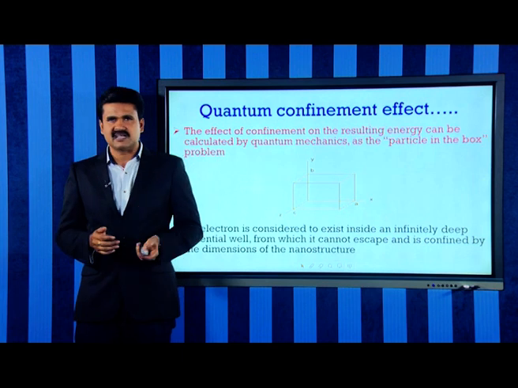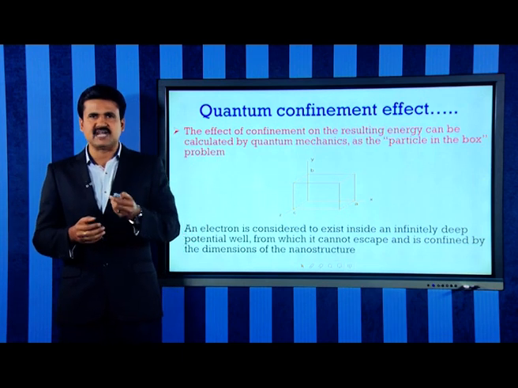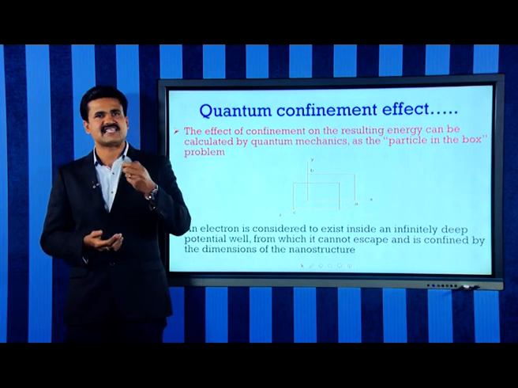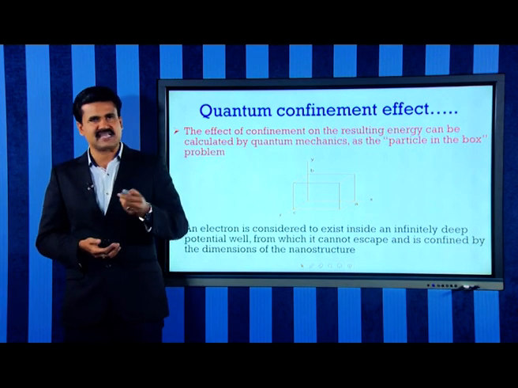And regarding the quantum confinement effect, the energy calculations can be easily done based on quantum mechanics.